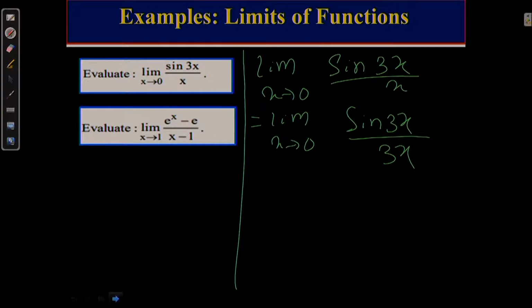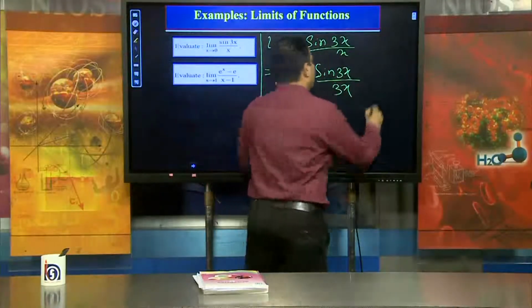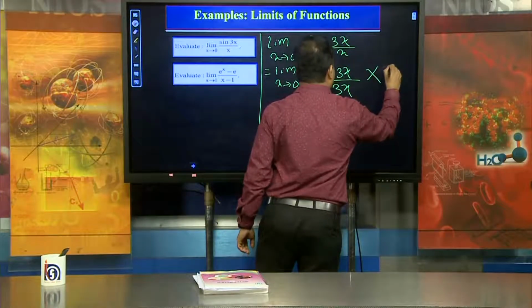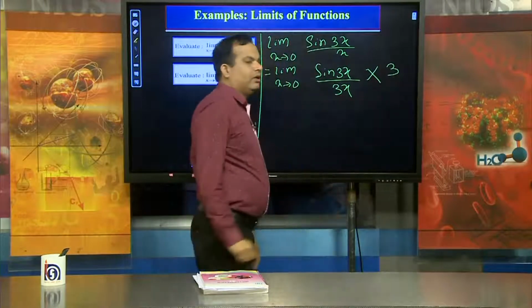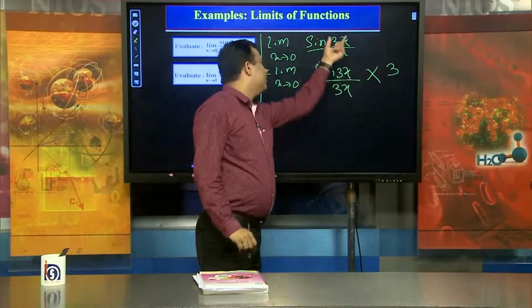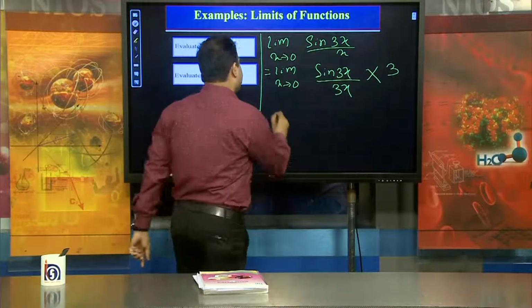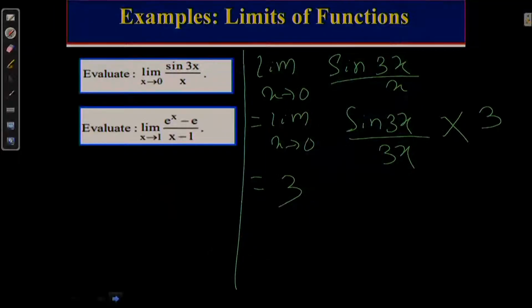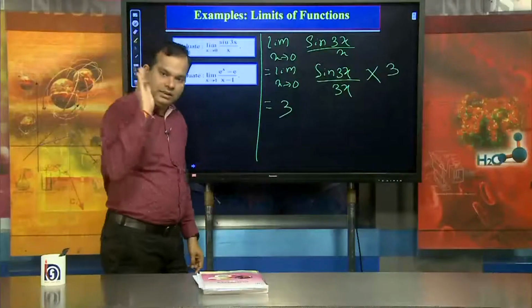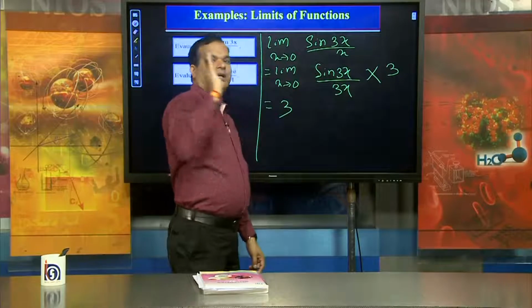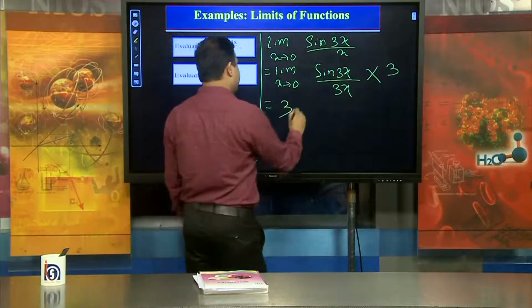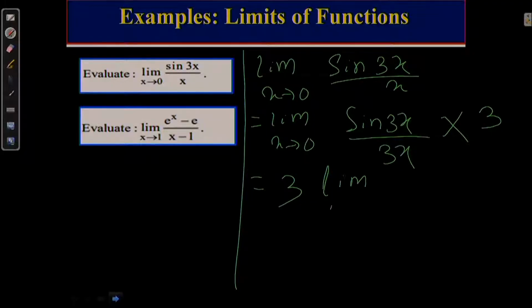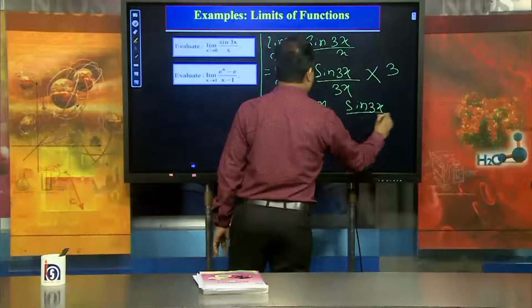Multiplying in the denominator means we must also multiply in the numerator by 3. So the 3 cancels and the original value comes back. This is a constant quantity, and as per the principal theorem of limits, a constant quantity can be separated. So I can write 3 multiplied by limit x tends to 0, sin 3x by 3x.